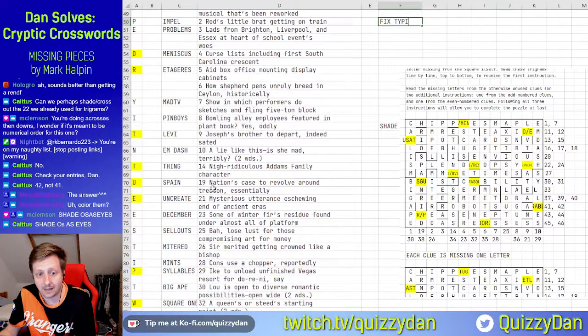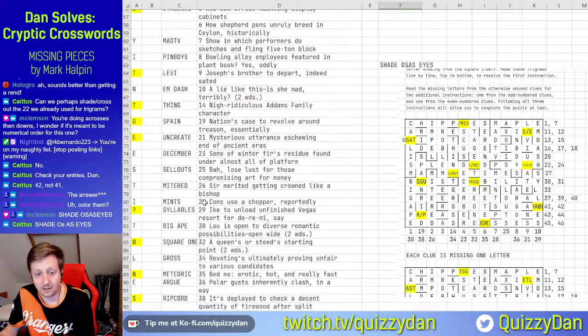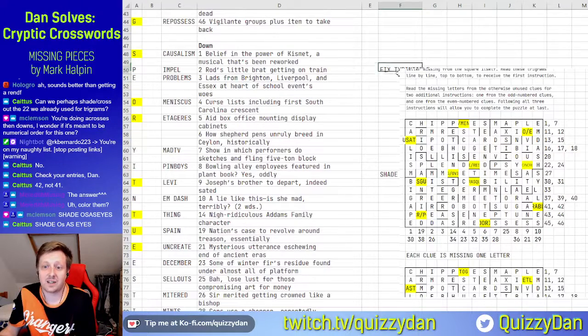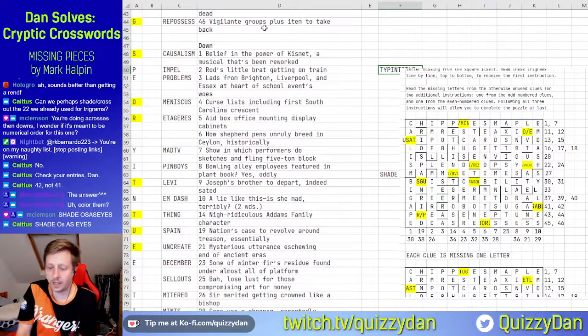N for 10. Fix tipint. Oh, that's so close but not quite right. 26. And then 28 is I. 30 is T. Then L, E. Yeah, then it says fix typo, we're missing an O there, in title.